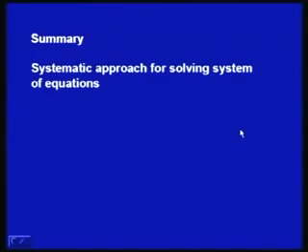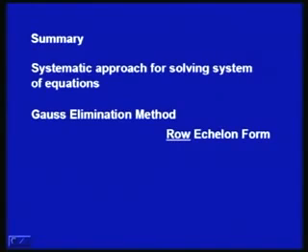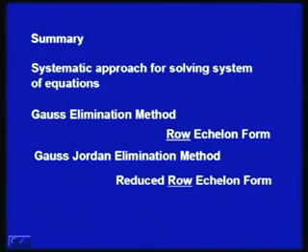So today, viewers, we have seen how to solve systems of equations. We have obtained a systematic approach for solving systems of equations, and two methods. One is the Gauss elimination method, in which we transform our augmented matrix into row echelon form, and the other is the Gauss-Jordan elimination method, in which we reduce the augmented matrix into reduced row echelon form.